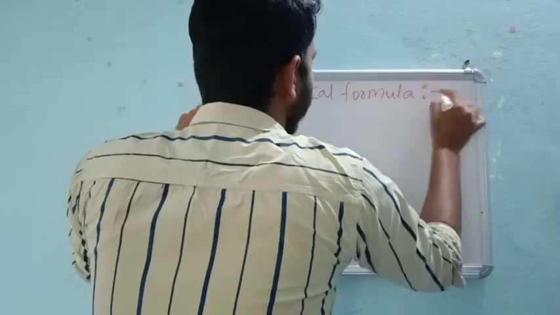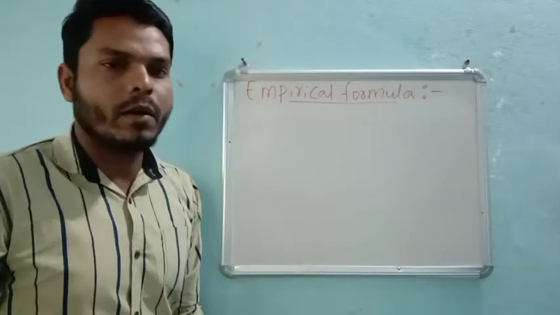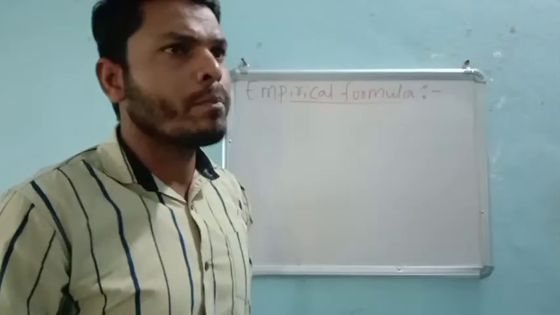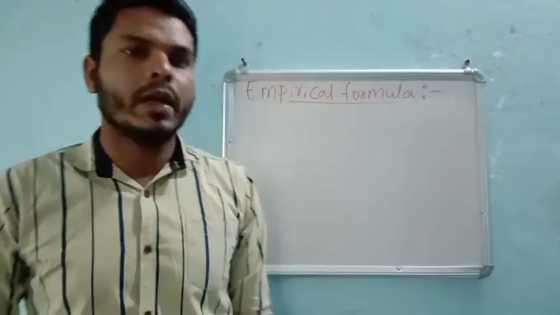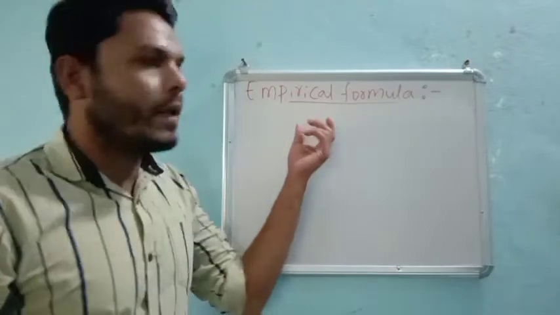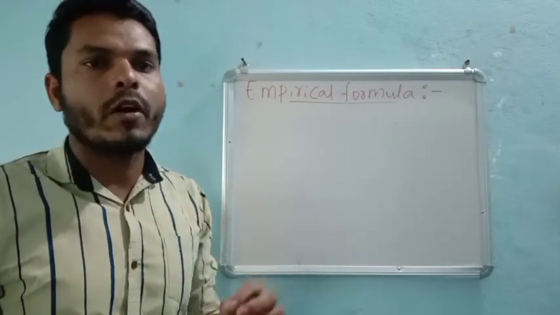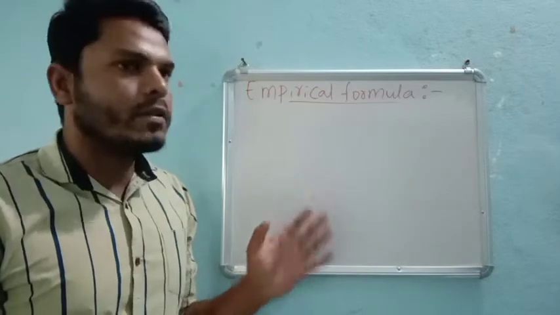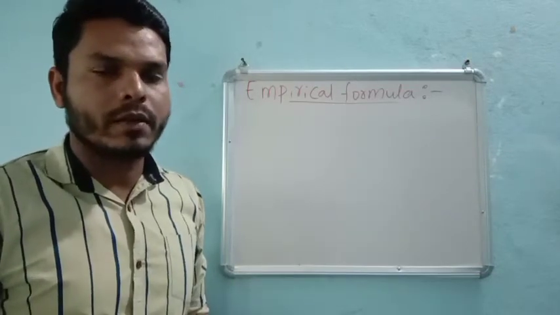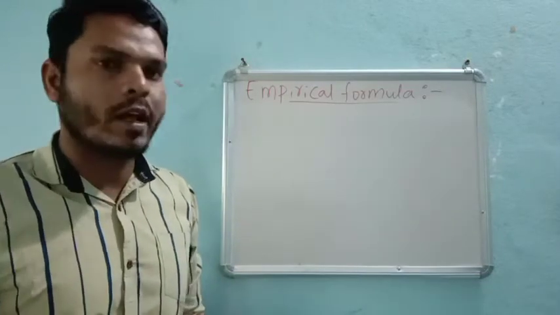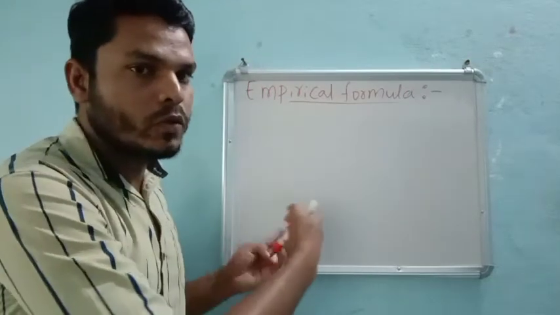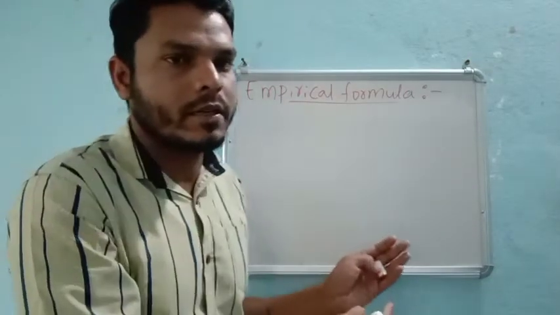The relative number of elements present in any given compound is nothing but the empirical formula. In yesterday's class itself, I gave a small hint about it. So if any compound is given, then we have to write the relative numbers, that means the elements related to that compound.